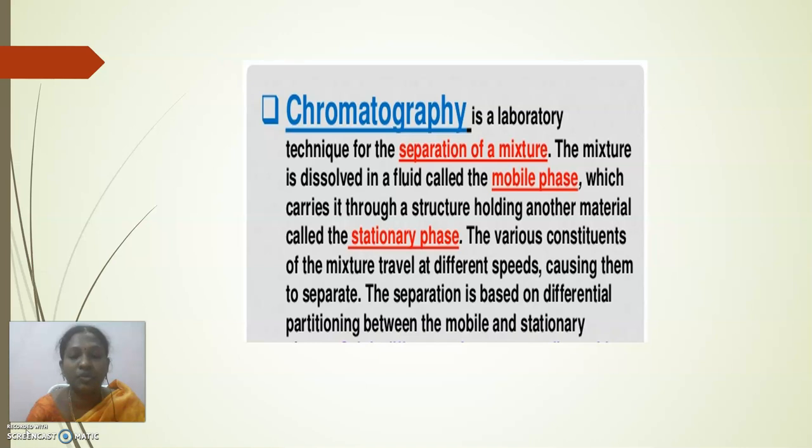So with the help of the mobile phase and stationary phase, the separation of the samples takes place. The various constituents of the mixture travel at different speeds, causing them to separate. When the sample mixed with the mobile phase moves through the stationary phase, it travels at different speeds, which makes the samples separate. For example, if the size of the sample is too large, it takes more time to travel.